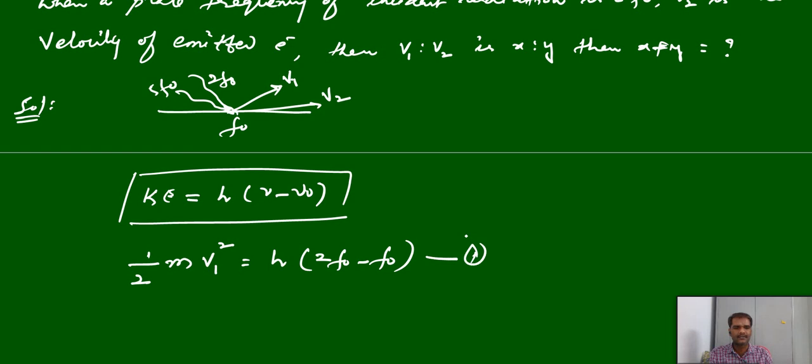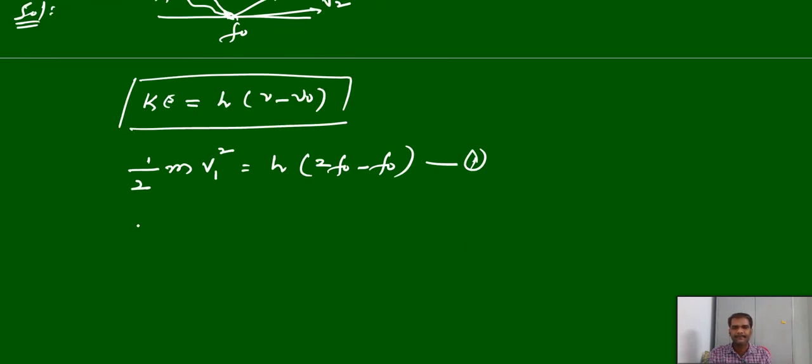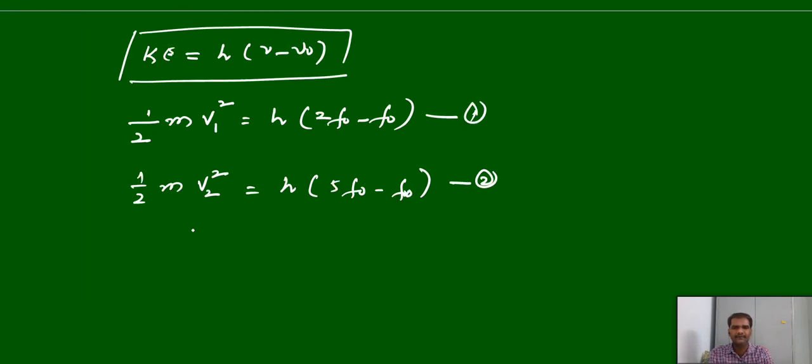You will get equation 1. In the second case, half m v2 squared is again h times, the incident frequency 5 f naught minus f naught. This is the second equation.